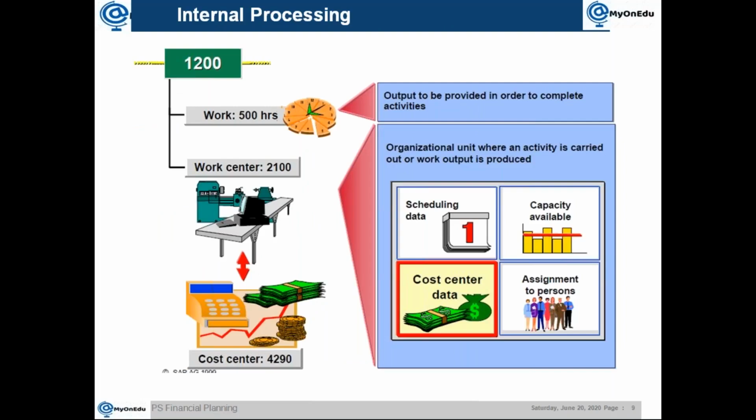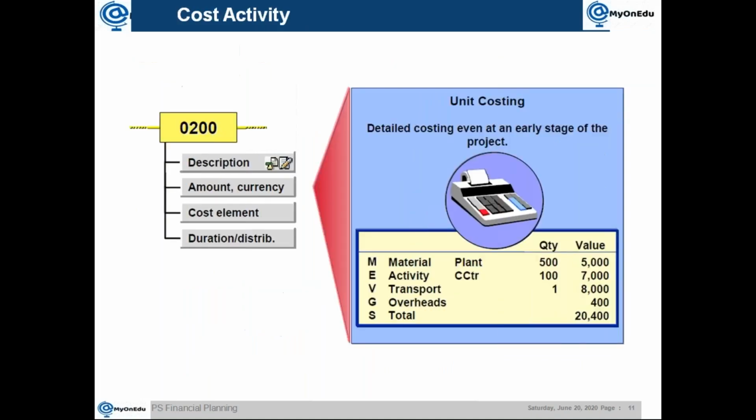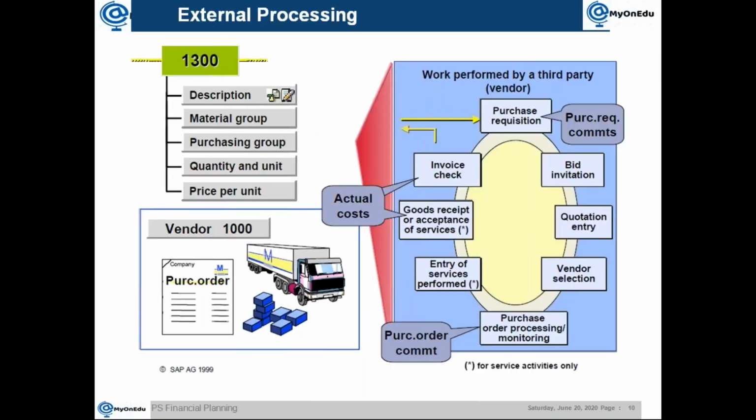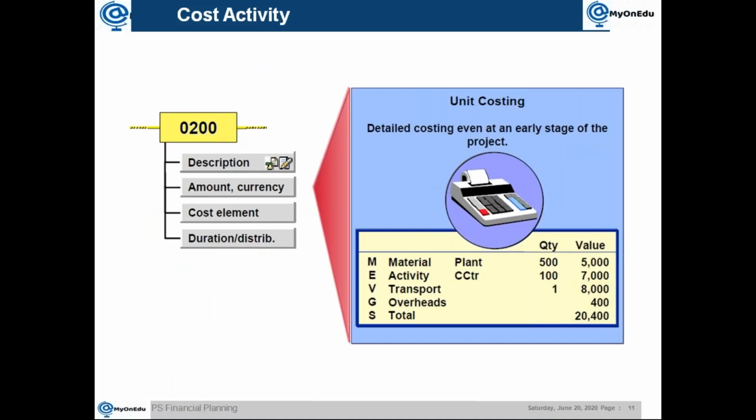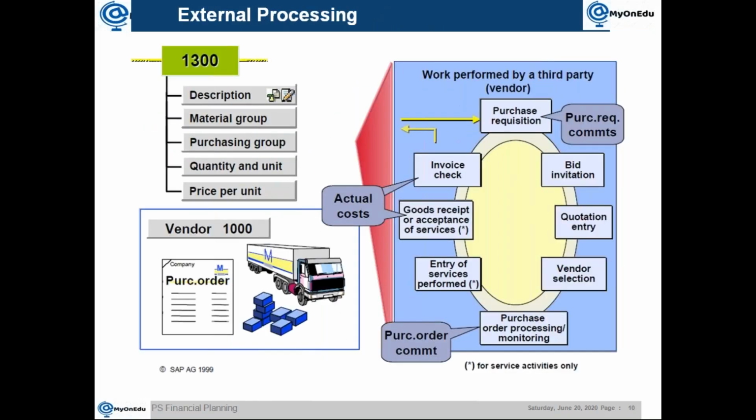For example, this one, what is work center and how it is happening, that we need to understand. Then this one, external, how you are going to plan, that you need to understand. And specifically, we need to see how a material is going to be assigned. Then we will see how to link a plant maintenance order and get the cost into the project. Okay, so these are the things we need to do.